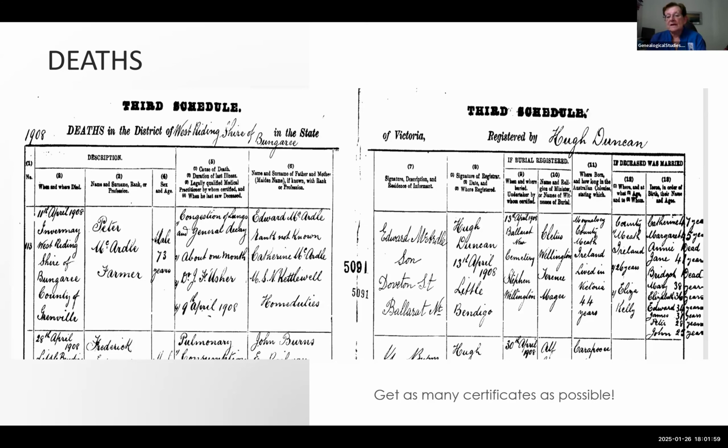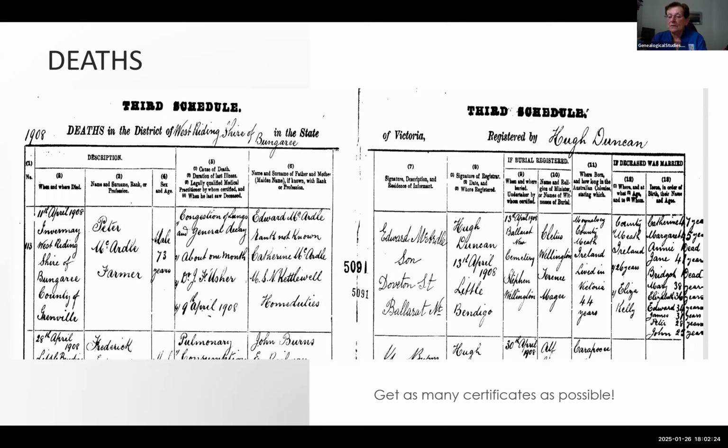If we got their certificates, we may well find out. It's another aid to our research, looking at how long someone has been in Victoria. We've got a pretty good idea of when he arrived in Australia, although it could be that he arrived somewhere else as well.